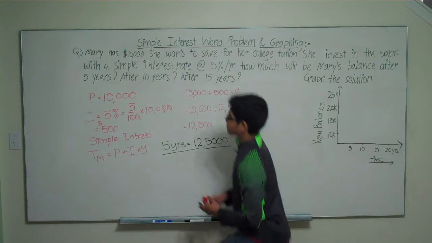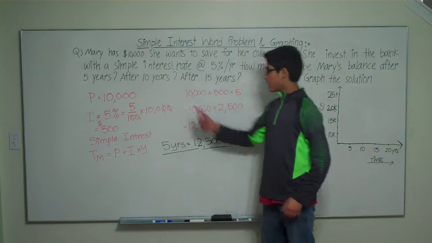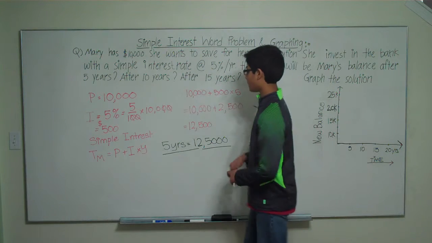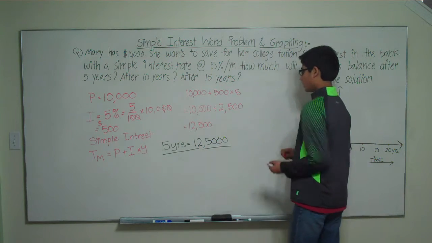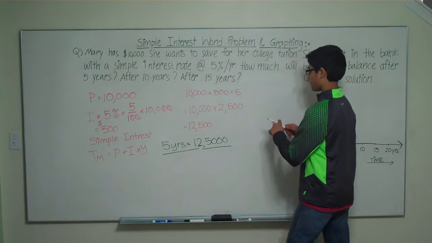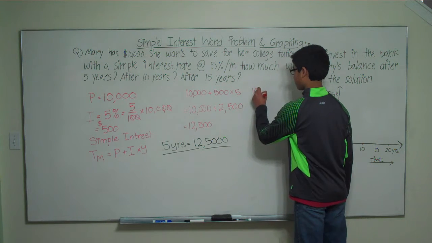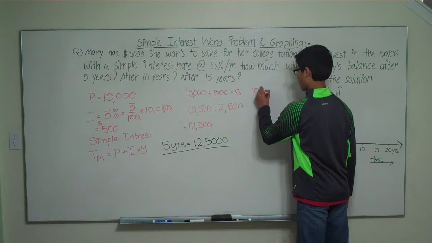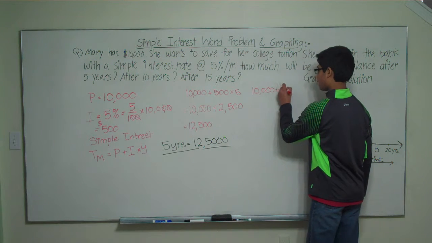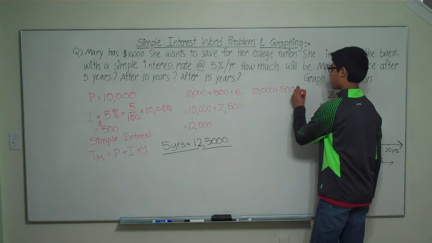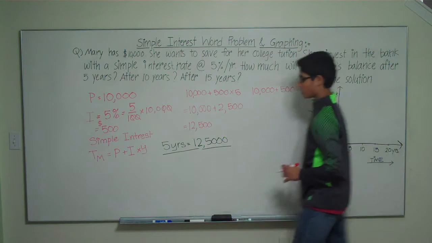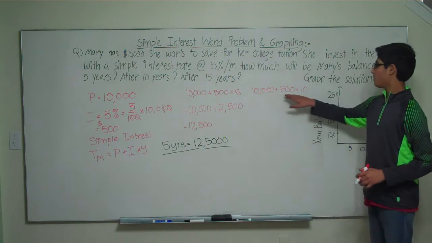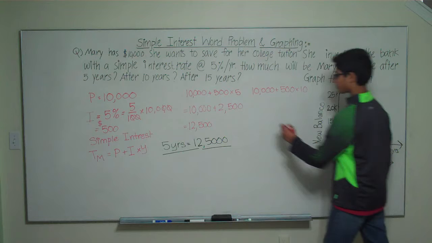Now let's find out how much she saves after 10 years, or how much her balance will be after 10 years. So, it is $10,000 plus 500 times 10 years. So the principal plus the interest times the years.